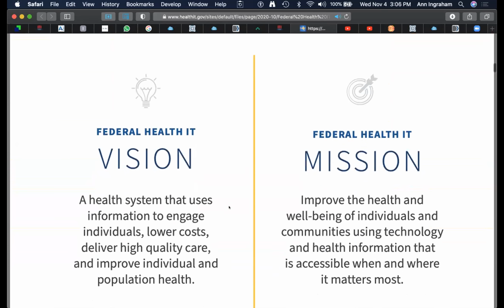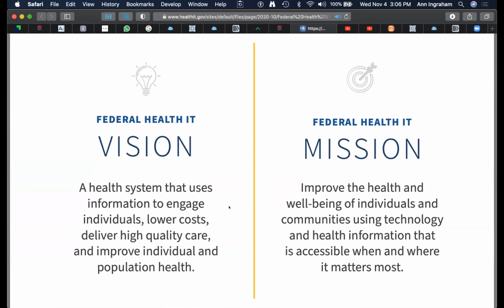And then, and I'll stop after this, the vision and the mission that the Federal Health IT has for the nation. Again, the vision: the health system uses information technology to engage individuals. Remember, the lower costs, right? One part of the quadruple aim: deliver high quality care and improve individual and population health, that experience, right?